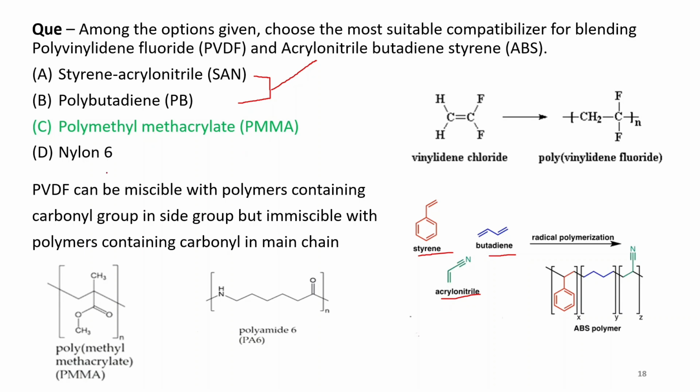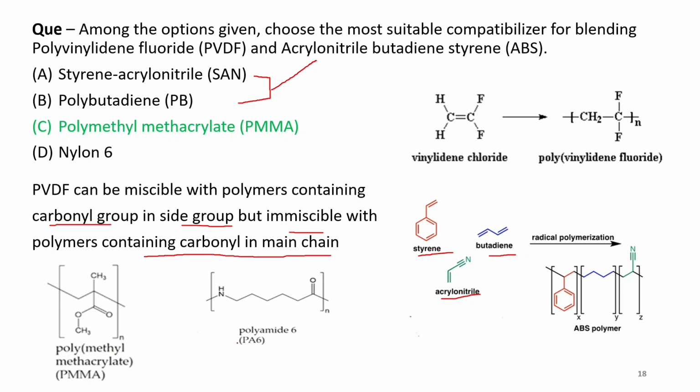Next, we should find something which is compatible with the PVDF. PVDF can be miscible with polymers containing the carbonyl group in the side group, but immiscible with polymers having the carbonyl group in the main chain.